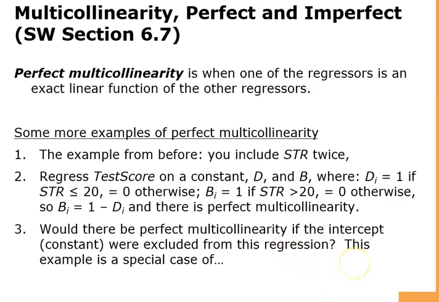you can think of the intercept as a variable which always takes the value of 1. And when you do that, you will basically get the coefficient of that variable which is equal to the intercept from the regression analysis.